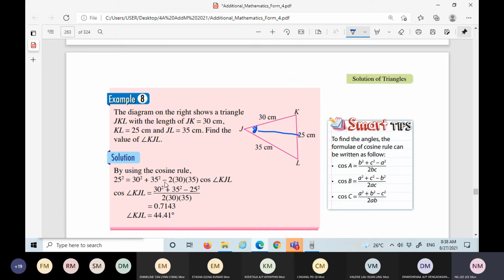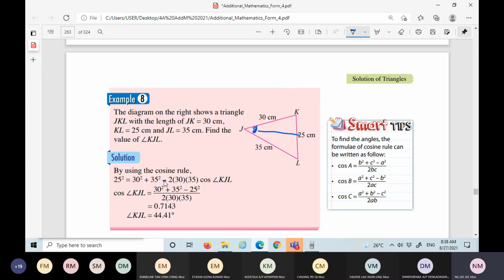So this one, you can move everything to one side. So this 25 squared, move to this side, become minus. Wrong, sorry, let me start again.